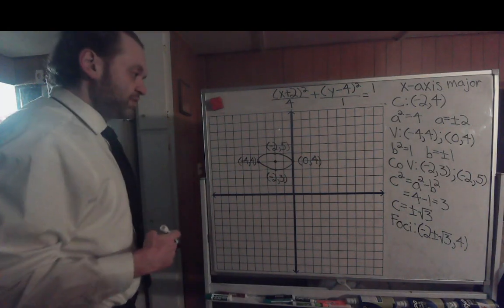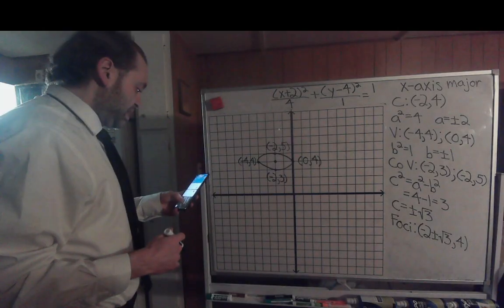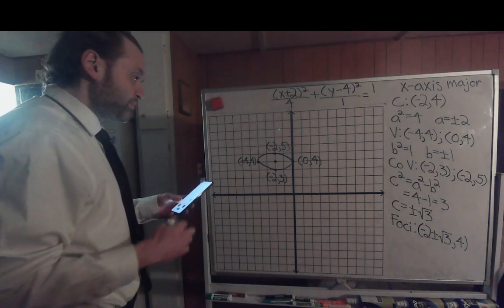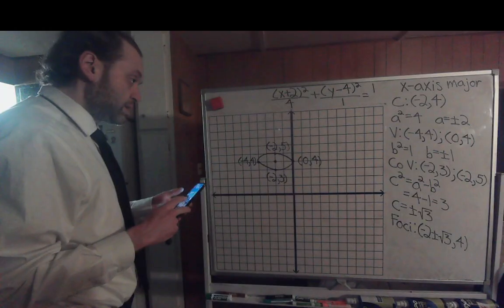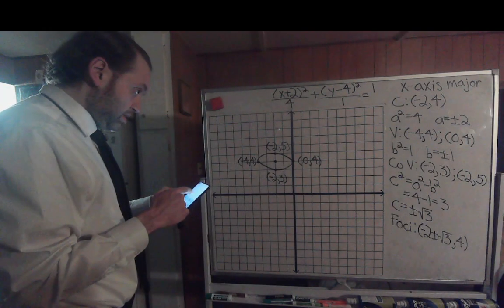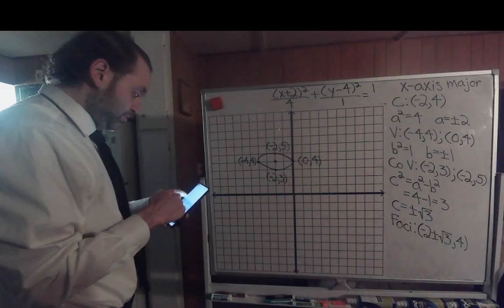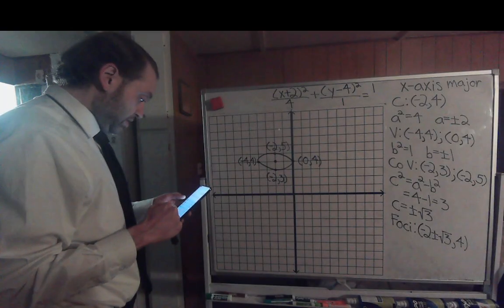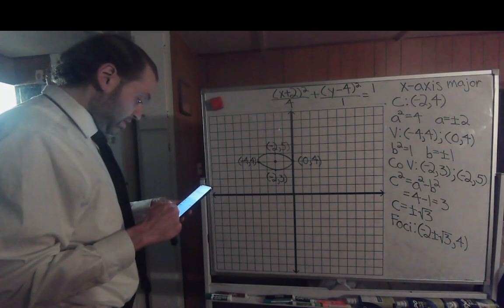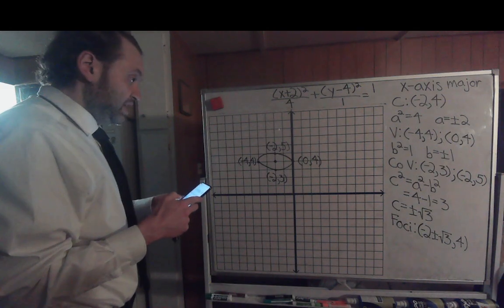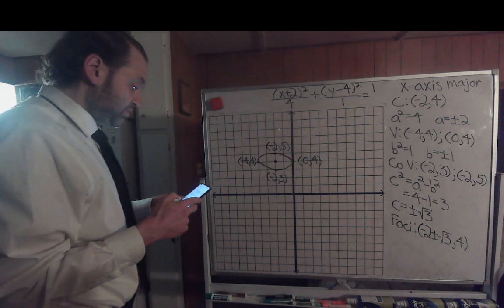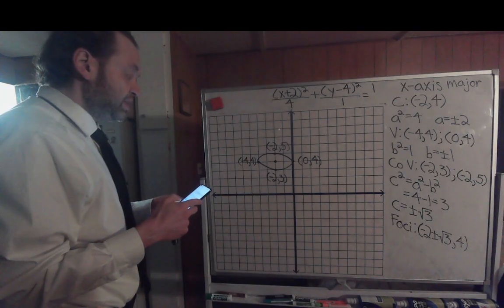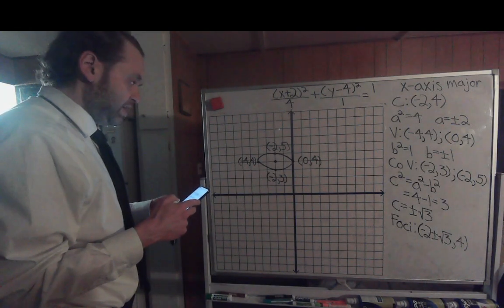So let's figure this out here, where I can plot my foci. So let's see, negative 2 minus the square root of 3. Hold on.